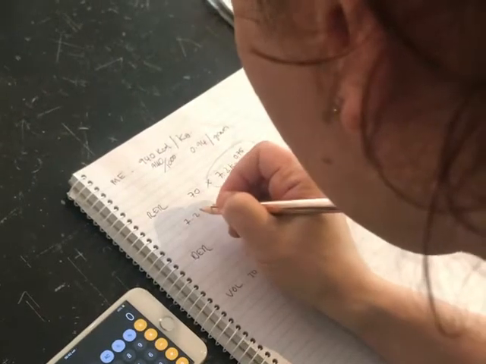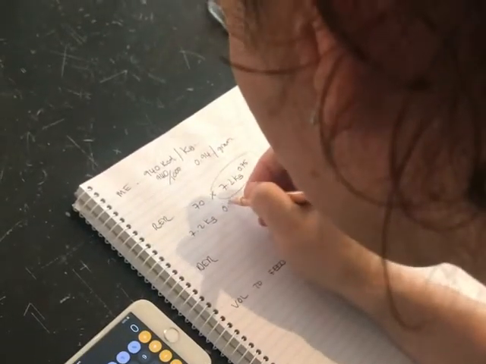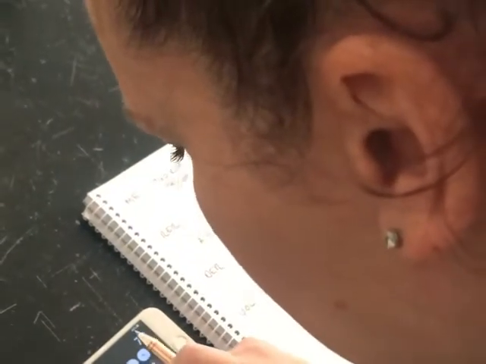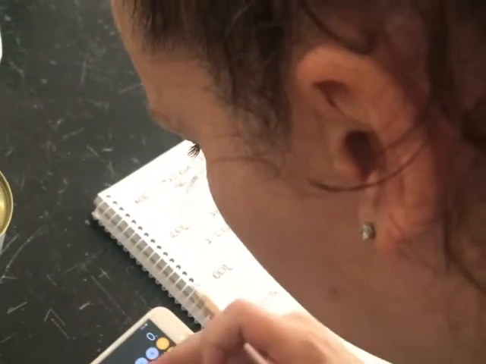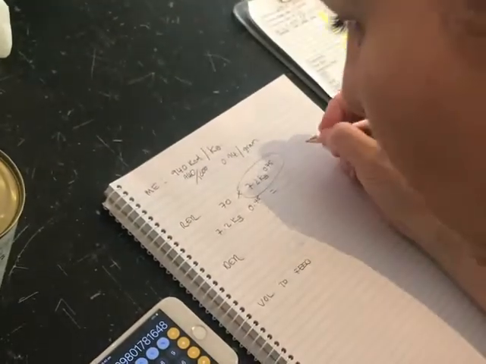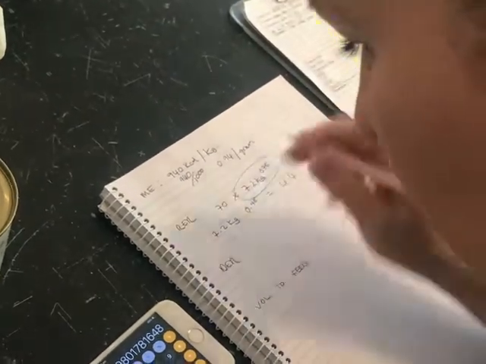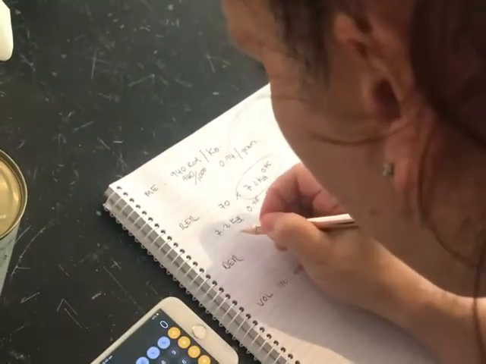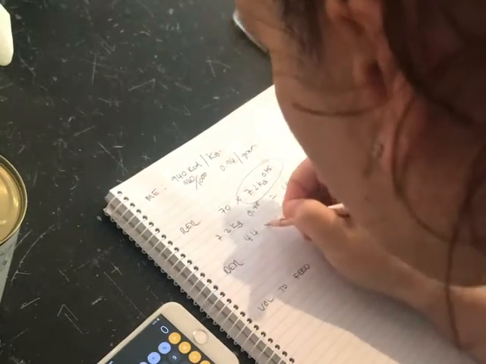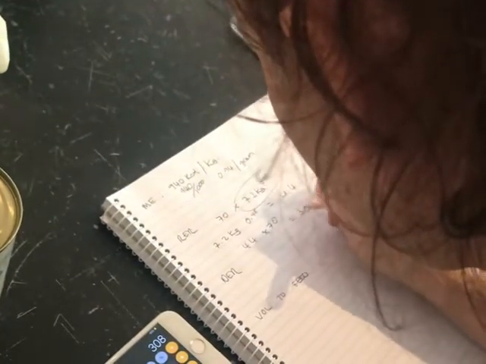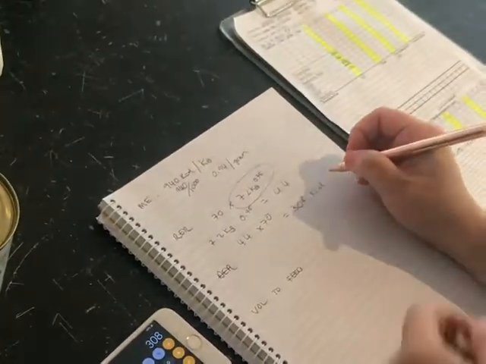So 7.2 kilograms to the power of 0.75, I press this XY button, and it gives me 4.39, which I'm going to call 4.4. Okay, so that's what we use. Then 4.4 times 70 equals 308. So that's 308 kcals as his RER, his resting energy rate.